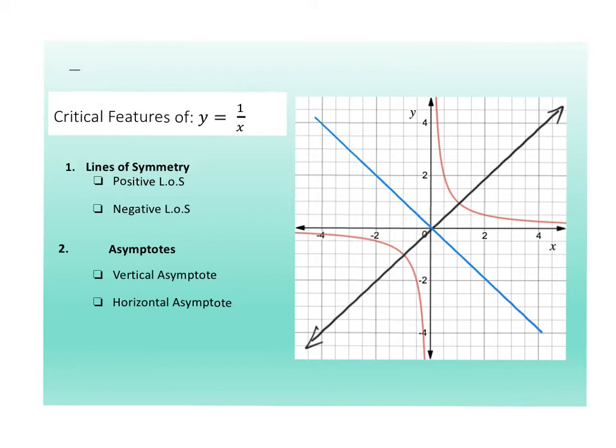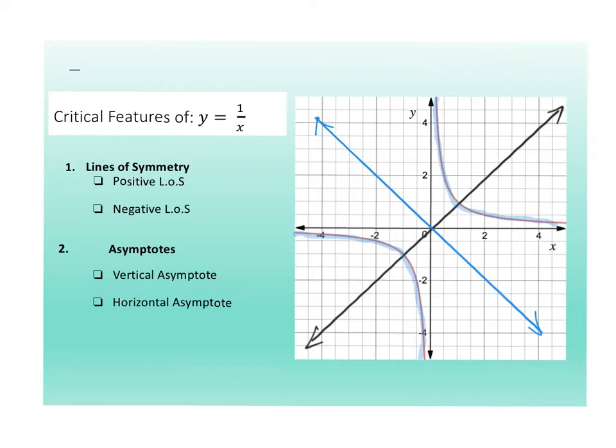This is another line of symmetry because when I fold it along this blue line, this part of the hyperbola will cover this part. So the blue line is the axis of symmetry, and that is the negative line of symmetry because the gradient is negative.